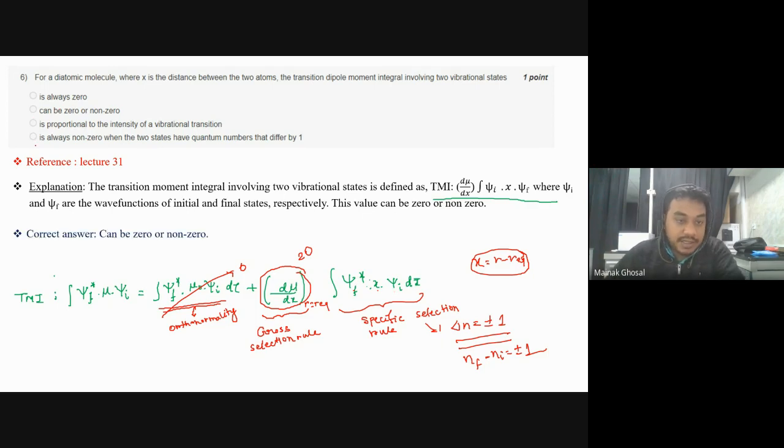Your correct option is that it can be either 0 or non-zero, depending upon the value of d mu dx and the value of the integral of psi f star x psi i d tau. So for a diatomic molecule, this transition dipole moment integral involving two states can be non-zero, and it can be zero.